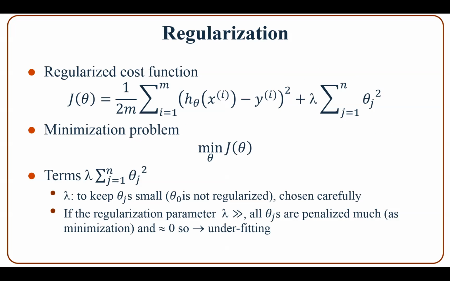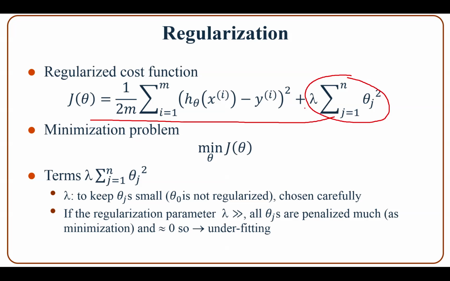Let's look at this. This is the new cost function, the regularized cost function, and you can see that we have a new term. This term is lambda times the sum of theta j squared, with j from 1 to n.